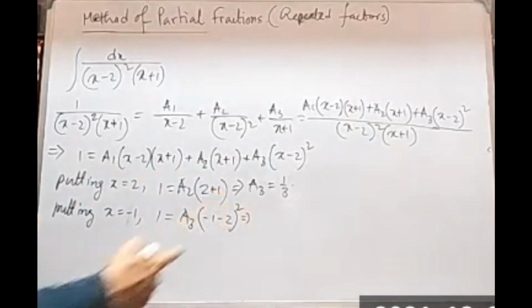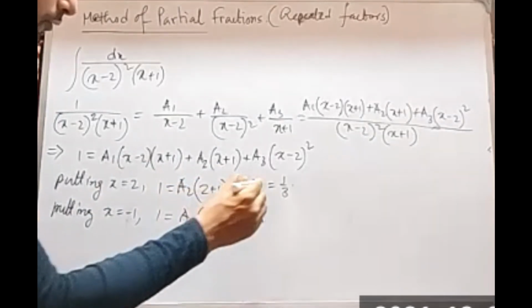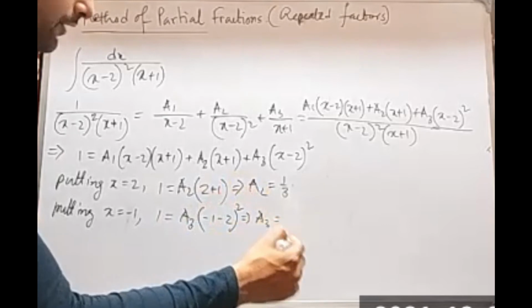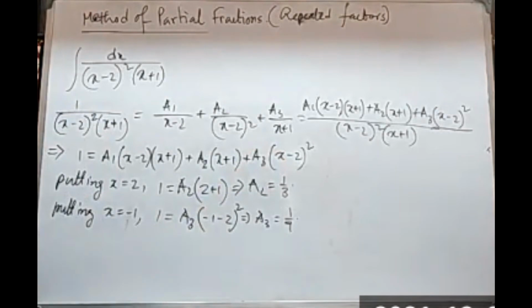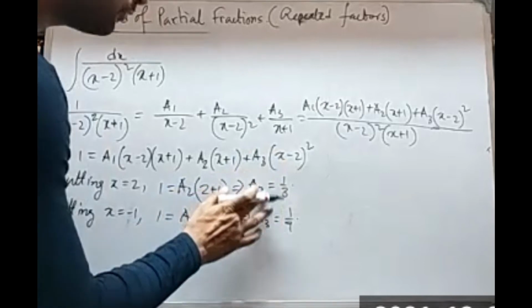That means it's minus 3 whole square. So A3, sorry, this will be A2. So A3 we are getting as 1 by 9. So A2 and A3 are done. And also we don't have any other value of x to put.